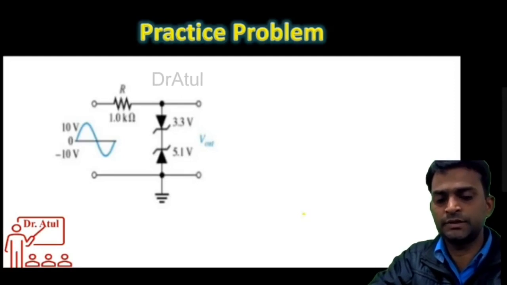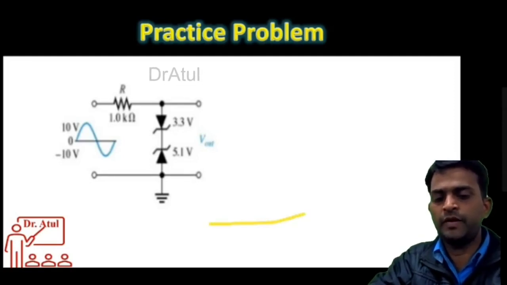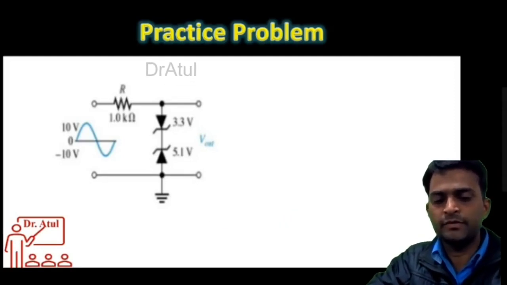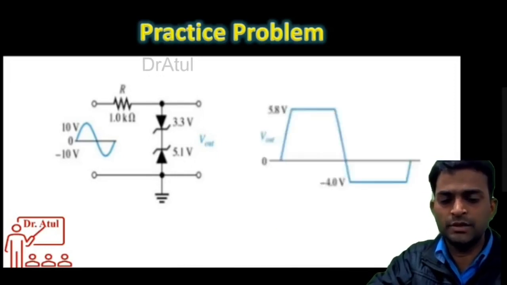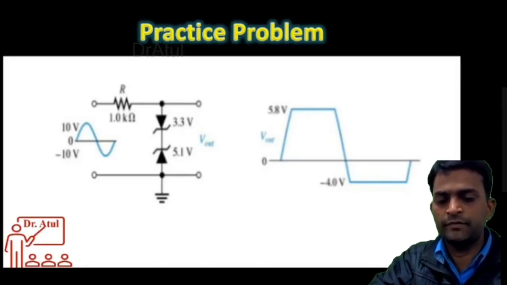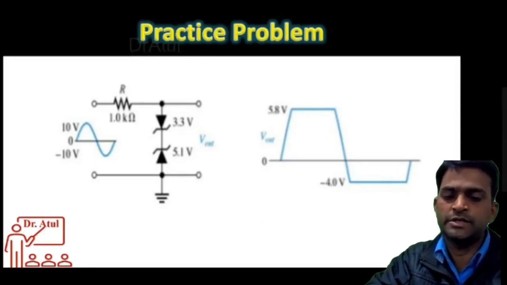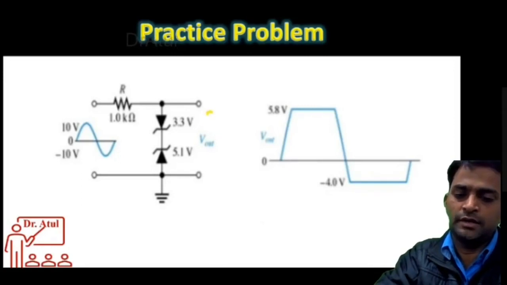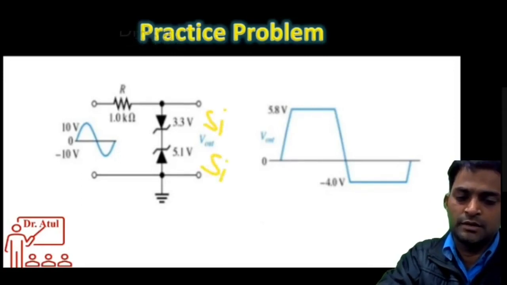Let us see, one diode will be forward and one diode will be reverse, and this will be 5.1 volt plus the voltage that is coming in the forward bias of our upper diode. So this is 5.1 volt plus 0.7 volt. Here we have to consider that these are silicon diodes. I'm not saying that these are ideal diodes, these are silicon diodes.